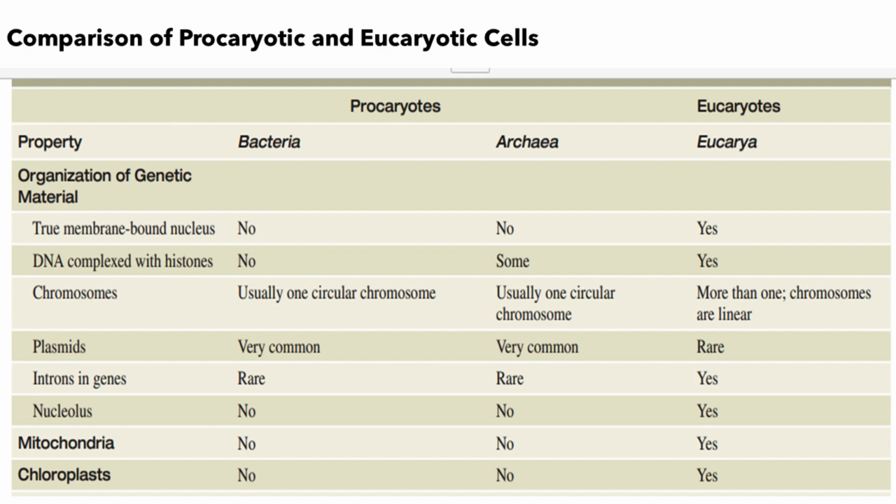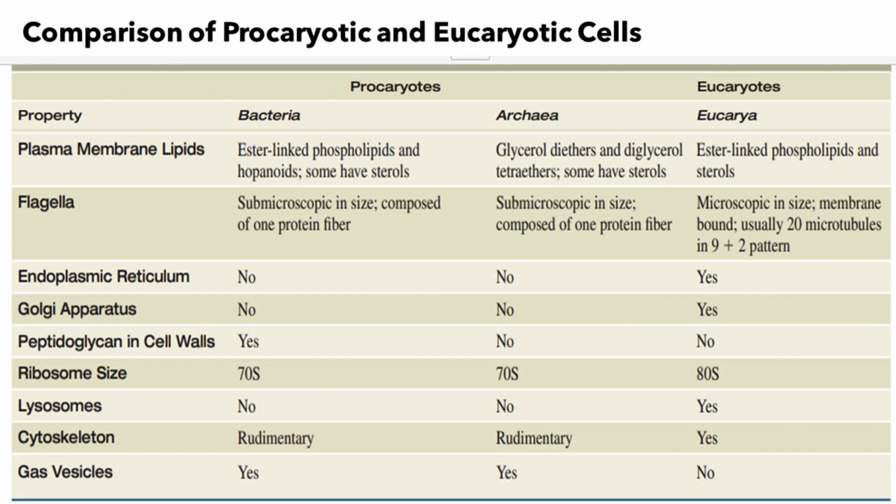Present in eukarya, absent in bacteria and archaea. Plasma membrane lipids. In bacteria and eukarya, ester-linked phospholipids are present, and sterols in eukarya, while bacteria also have hopanoids. In archaea, glycerol diether and diglycerol tetraether, and some have sterols.